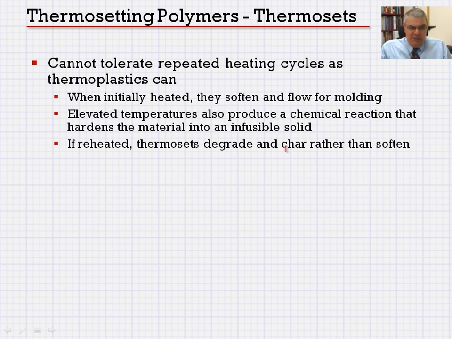When initially heated, they soften and flow for molding. As we elevate the temperatures, we can produce a chemical reaction that hardens the material into a solid that is infusible.